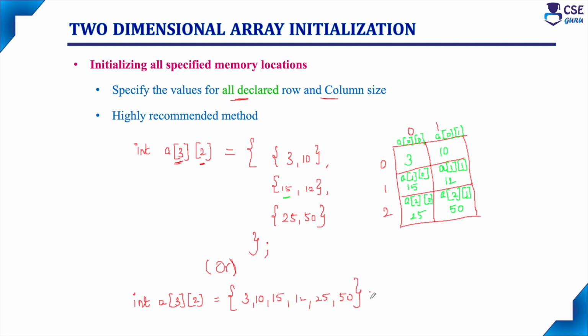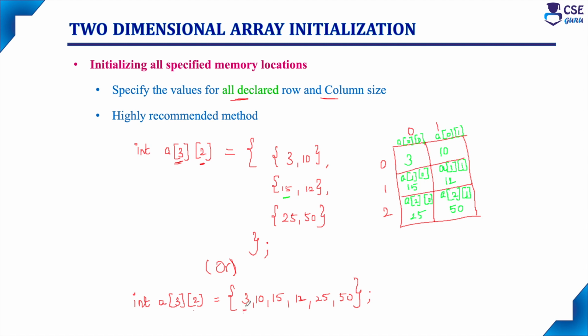So totally we can specify all the elements in set brackets and it should end with a semicolon. The first value will be stored in the first index memory location, according to the size allocated with the row size and column size, it will take it.